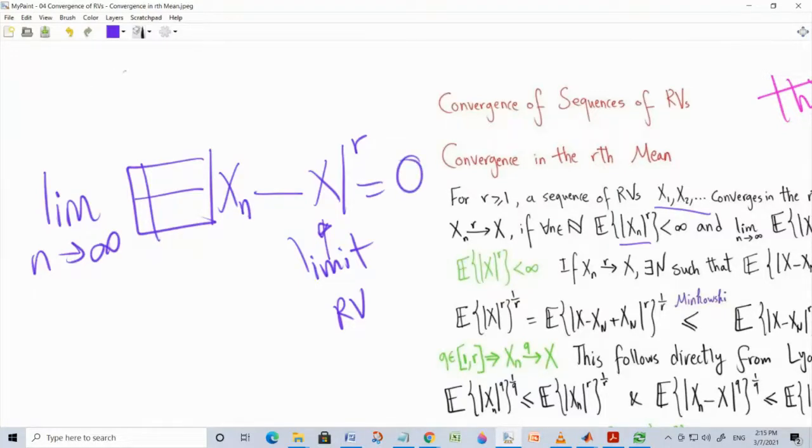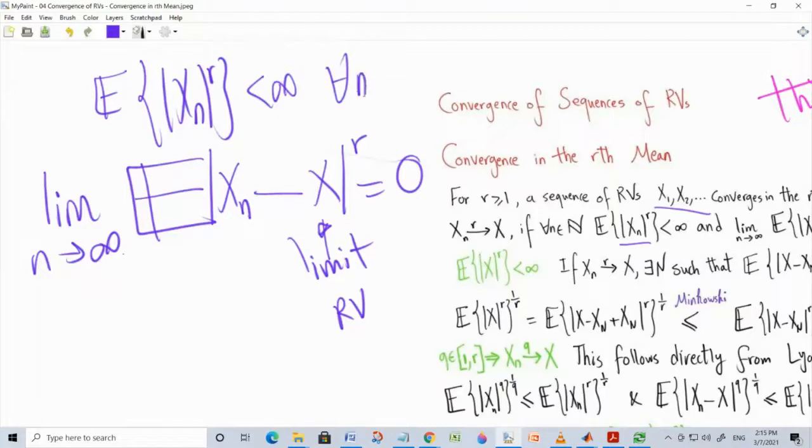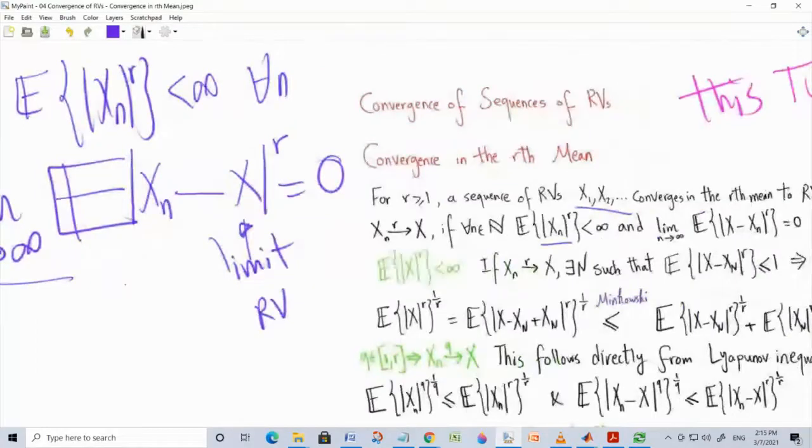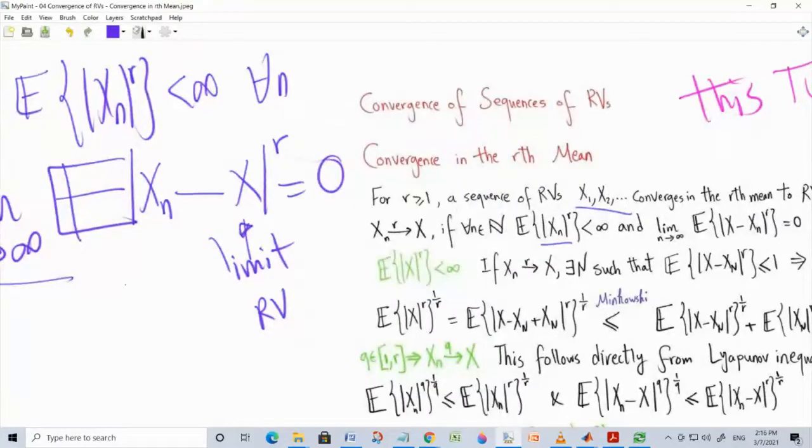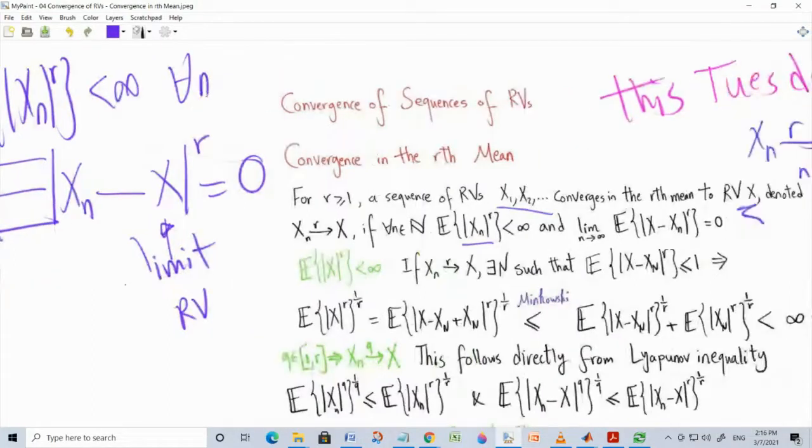Okay, so to have convergence in the rth mean, we need this quantity to be finite for every n, and we need the expectation of the magnitude to the power r of Xn minus X to go to 0 as n goes to infinity. Now, if you have convergence in the rth mean, there are 3 very important conclusions.